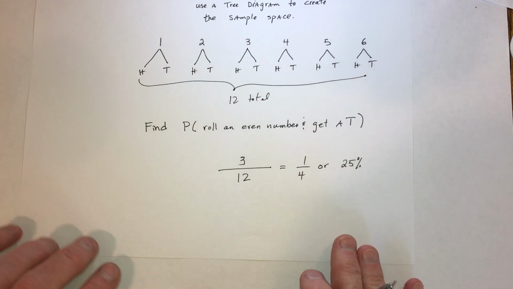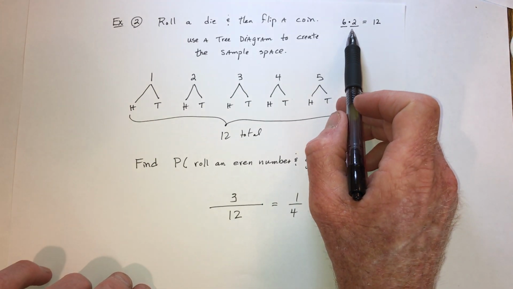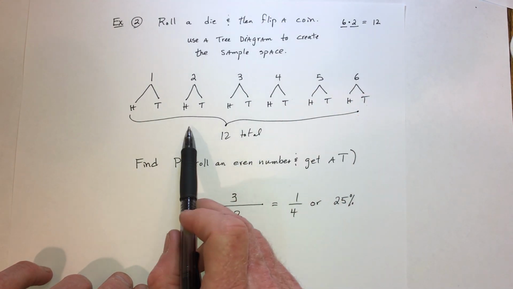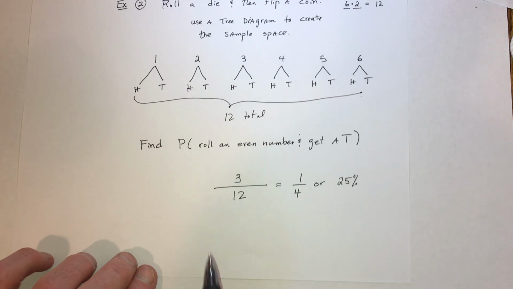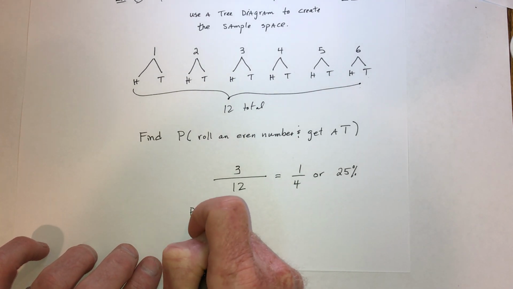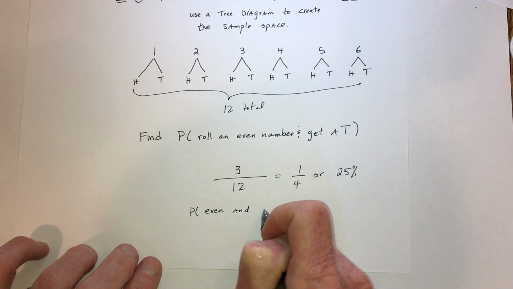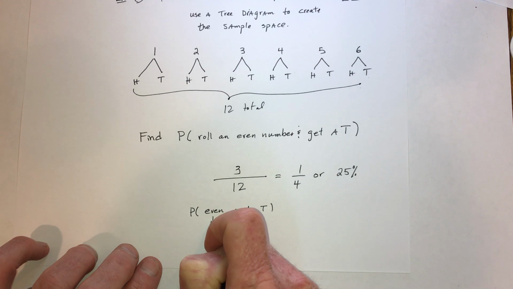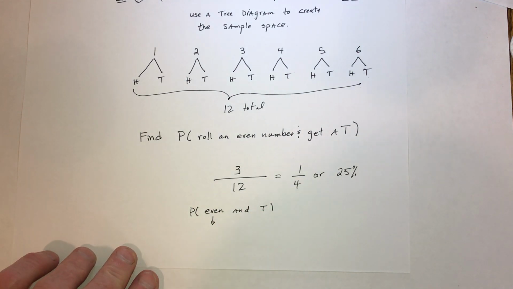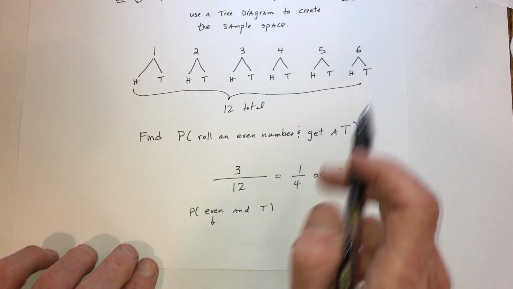Now let's look at it a slightly different way. Just like this is a sort of a shortcut for all of this, perhaps we could even do this one as a shortcut. So what's the probability that it's an even and then we get a T? Well, how many of the numbers are even? That's 3 out of 6.